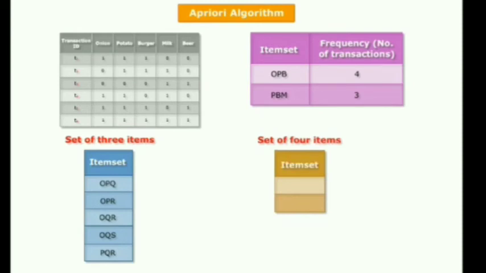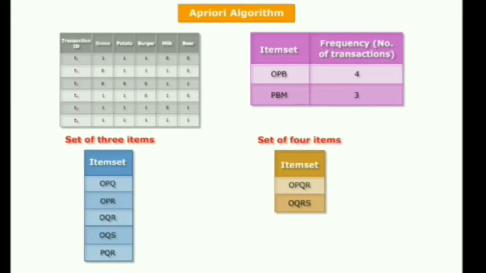For this, you need to look at the sets which have common first 2 alphabets. OPQ and OPR give OPQR, OQR and OQS give OQRS. Basically, you have to look for sets which only differ in their last letter or item.